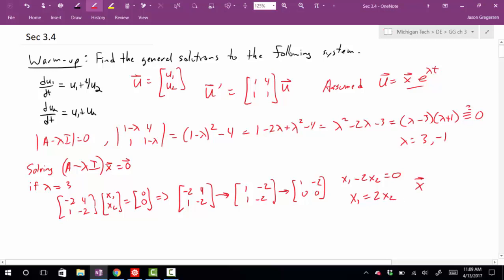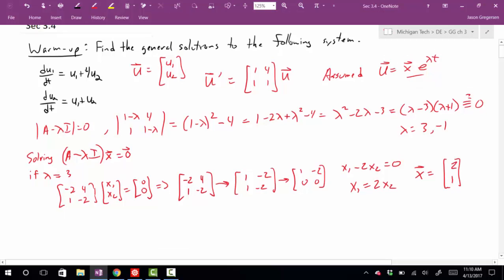But the idea is my eigenvector is basically a set of x1 and x2 that makes this thing true, right? And the idea is any multiple of that guy will also be an associated eigenvector. So for instance, I could say if x2 was 1, x1 would have to be what? 2. There is an eigenvector.